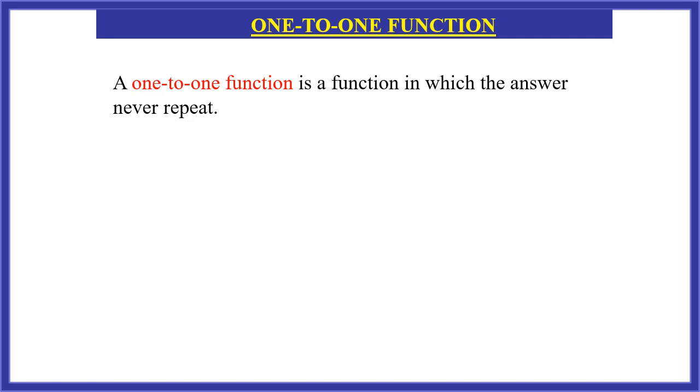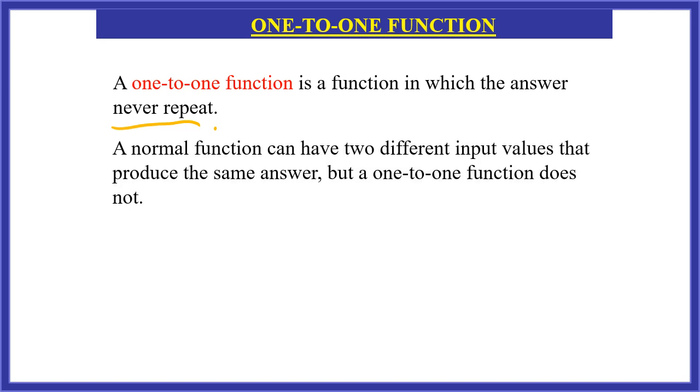So 1-to-1 function. A 1-to-1 function is a function in which the answer never repeats. Okay, so it means that for every x, there is only one y, and for every y, only one x. It shouldn't be many. A normal function can have two different input values that produce the same answer, but a 1-to-1 function does not.